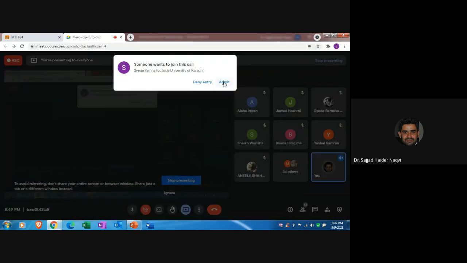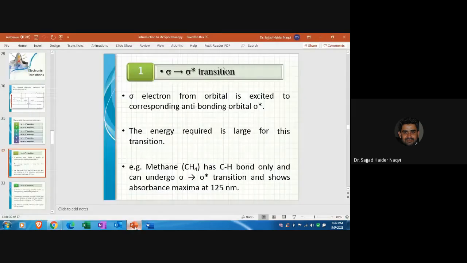So you can see that for this transition from sigma to sigma star, the example given is methane, and this will give you an absorbance maximum of about 125 nanometer.